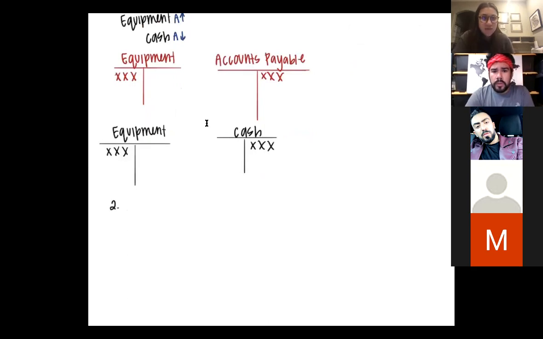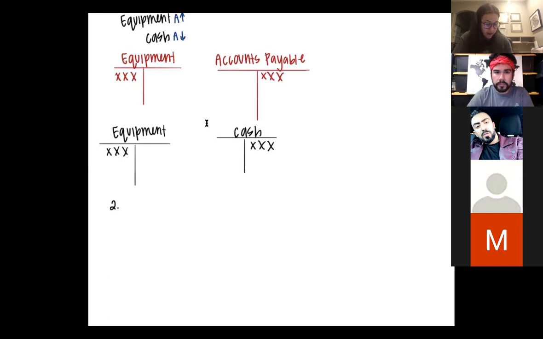Okay, so: failed to record the purchase of merchandise inventory on account. When you purchase merchandise and it's inventory, that's perpetual, right, Jesus? Yeah. Okay, so they didn't do anything, so there's nothing to write in red because they just didn't record anything.